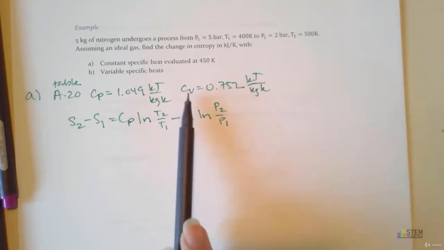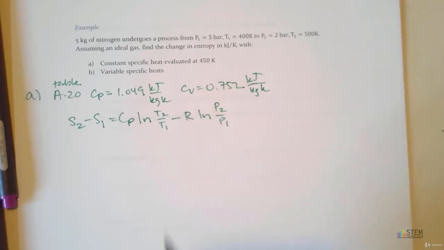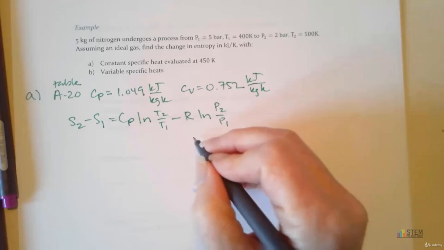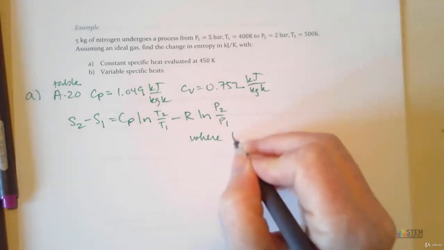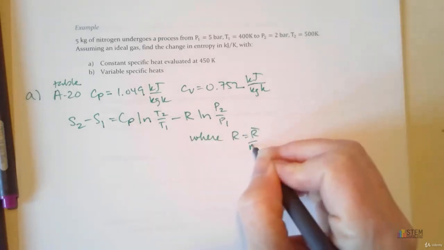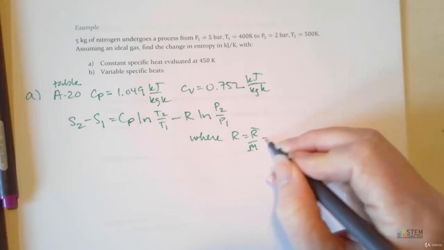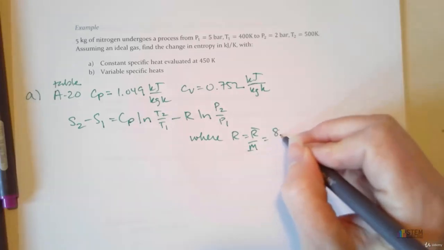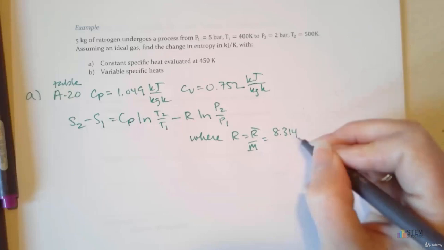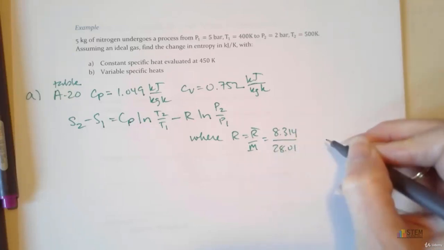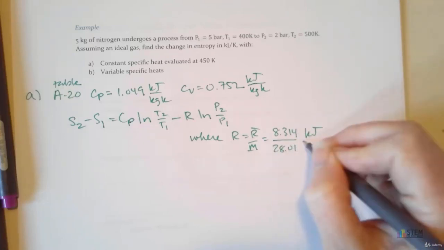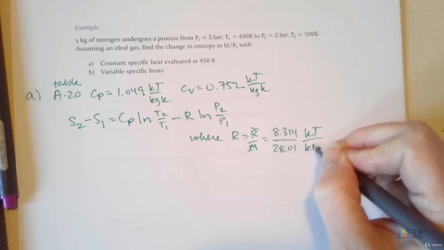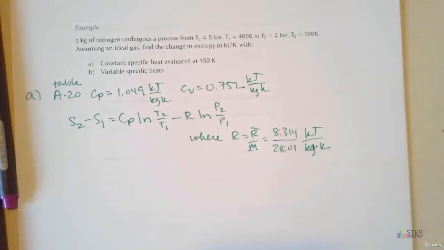So we were able to find the values in the table. Remember, R is equal to R bar over molecular weight. So let's figure out what that is. So that's 8.314 over 28.01. Units will be kilojoule per kilogram Kelvin.